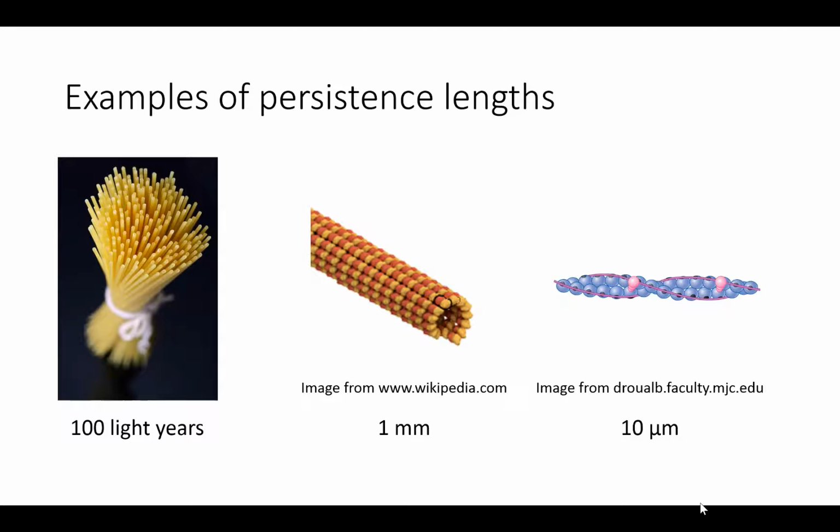Since the second moment of inertia that appears in the formula of the persistent length, as we saw here, scales with the fourth power of the radius of the structure, the persistent length scales with the fourth power as well, meaning that as we decrease the size of a structure, the persistent length decreases much faster, and the persistence length approaches the size of the structure as we reach the micro and the nanoscale.